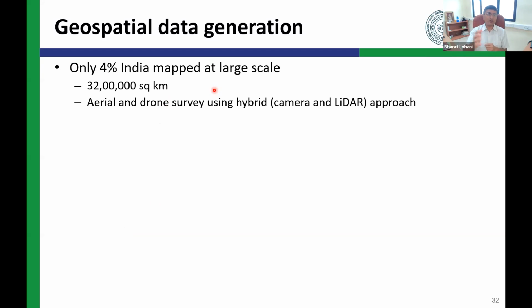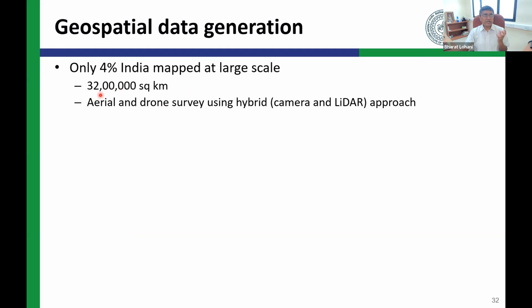1:50,000, 1:25,000. We don't have large scale maps of the entire country. Also, if a map was made 10 years back, unless we update the data, the map will expire because the ground is changing. India is a developing country and things are changing very fast in India.